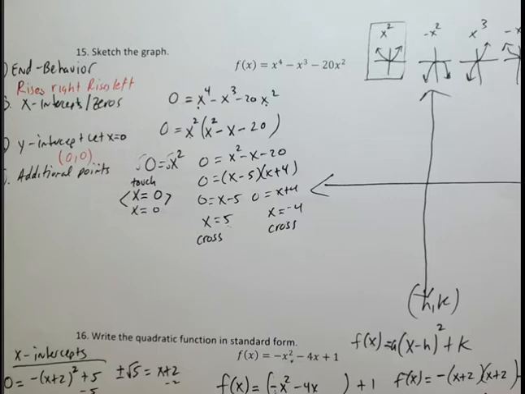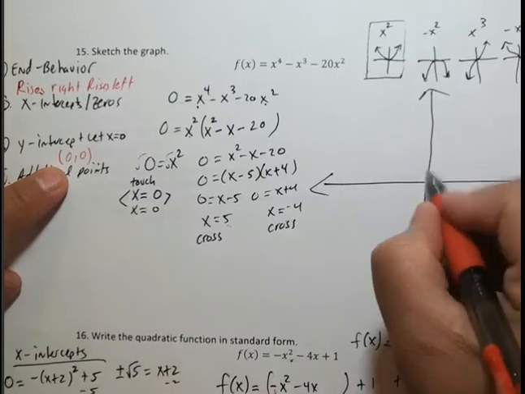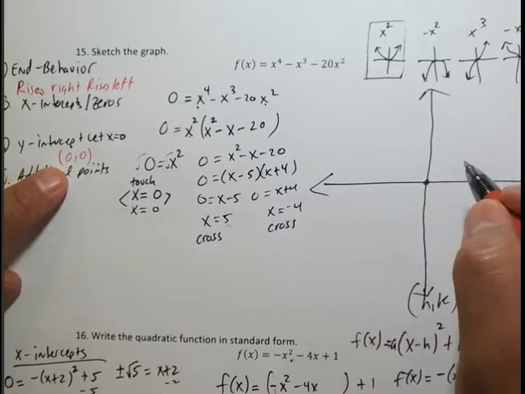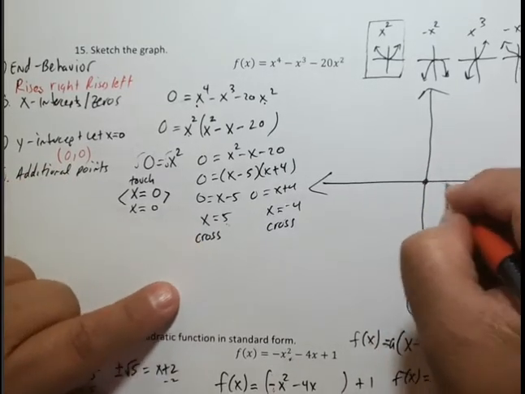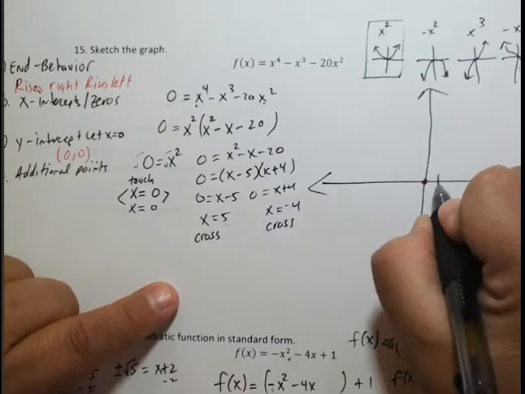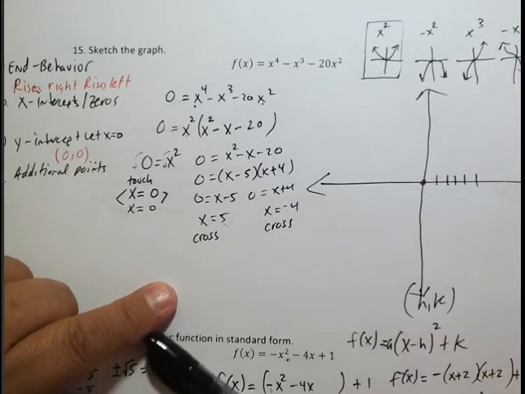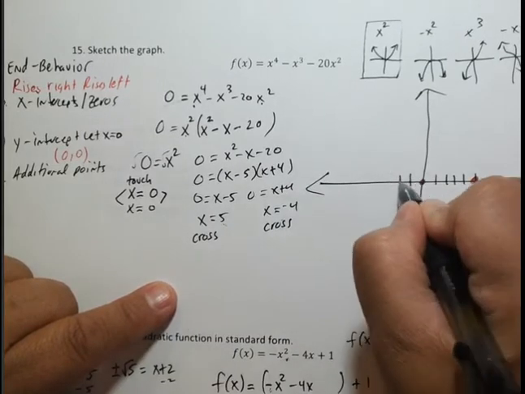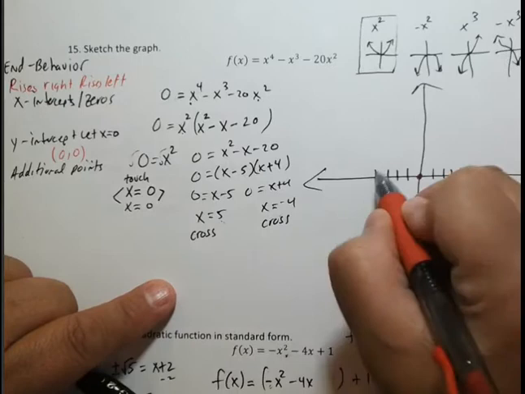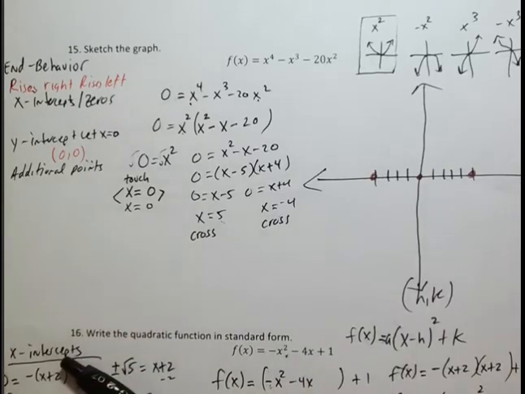Now we can plot the information that we have. We have (0, 0), x equals 5, and x equals -4. Then we want to use the end behavior.